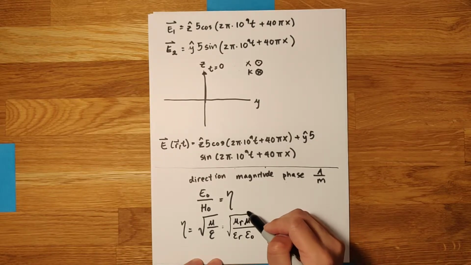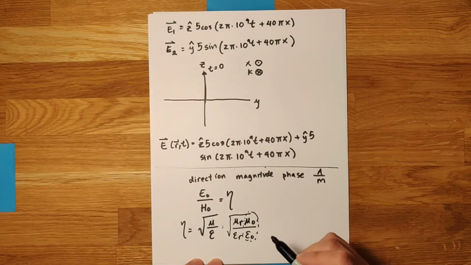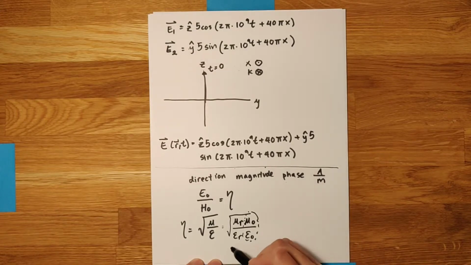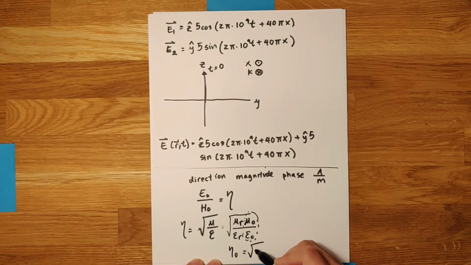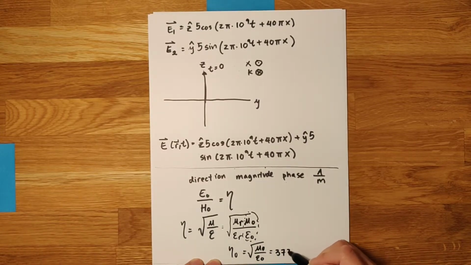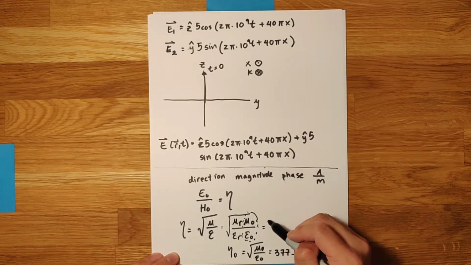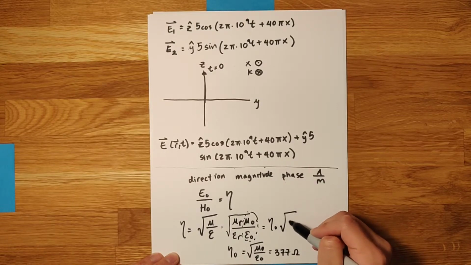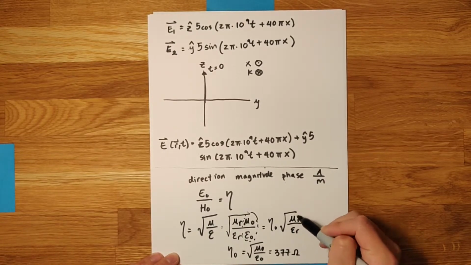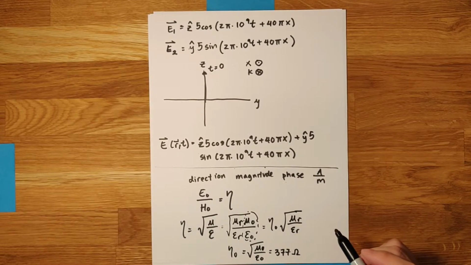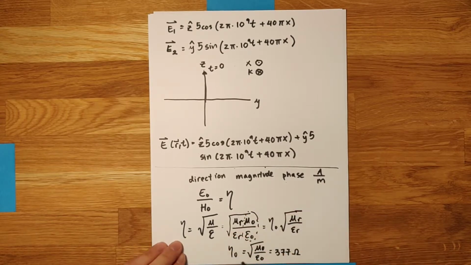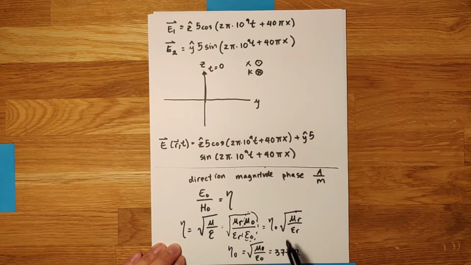Then this portion is simply equal to eta naught, which is 377 ohms. So eta is 377 times the square root of mu r over epsilon r.